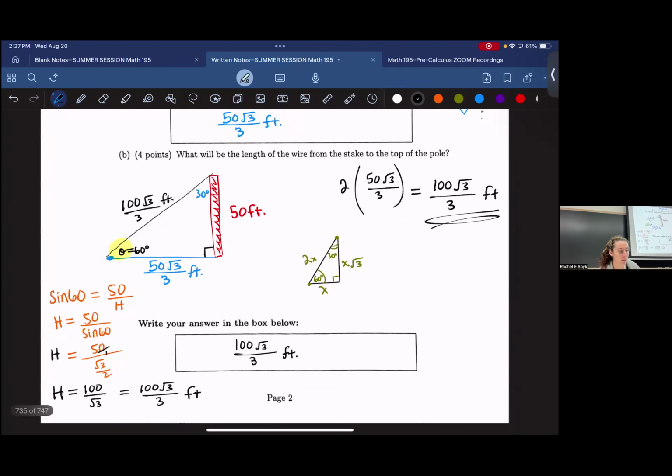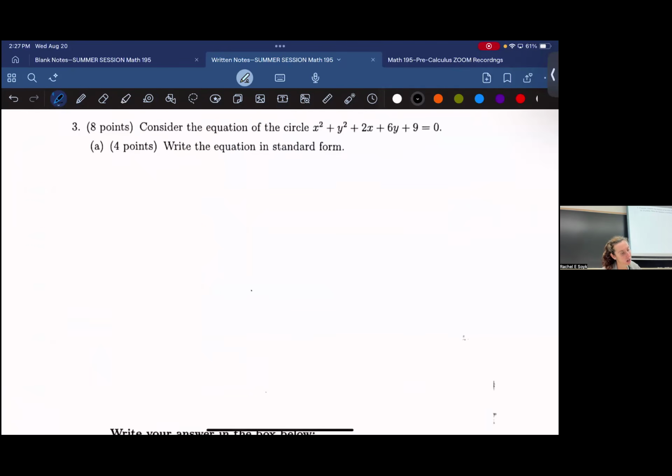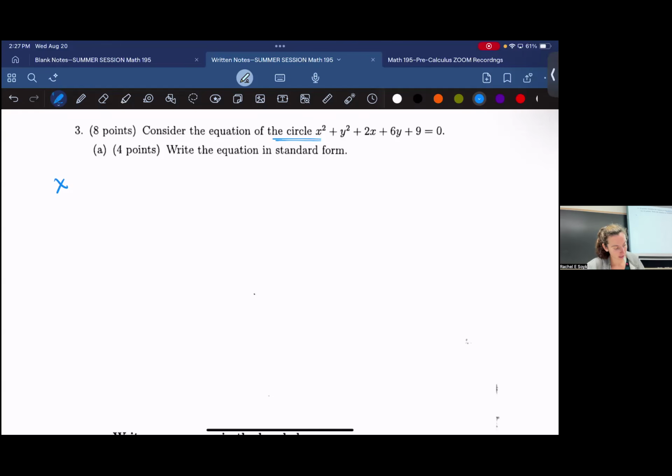All right, let's move on to question 3, which is a circle question. And so we're going to end up completing the square 2 different times here. So we're going to pair our x's together, create a little bit of space, pair our y's together, create a little bit of space, and then move that constant over to the right-hand side.